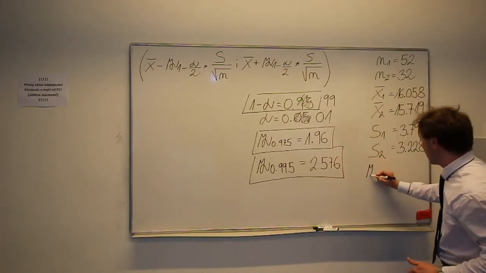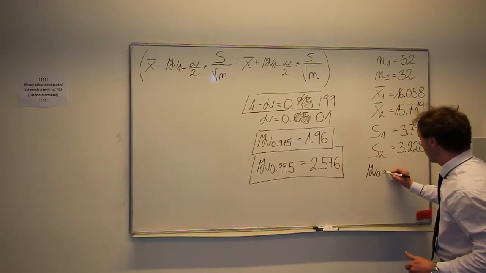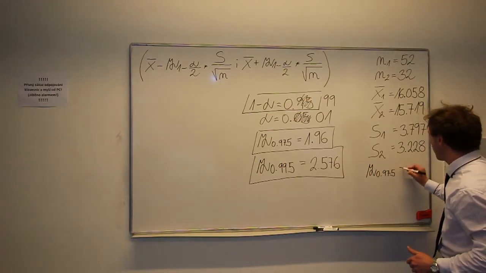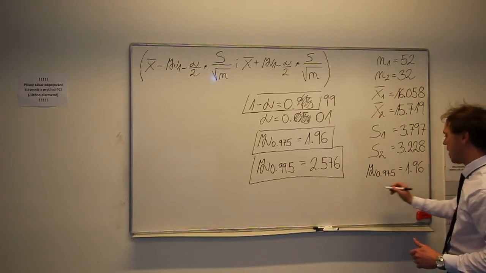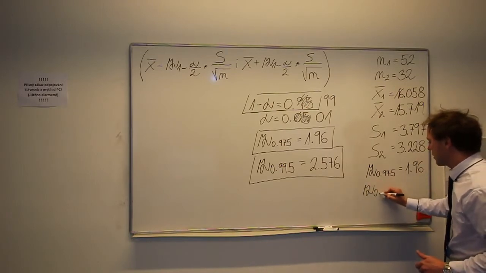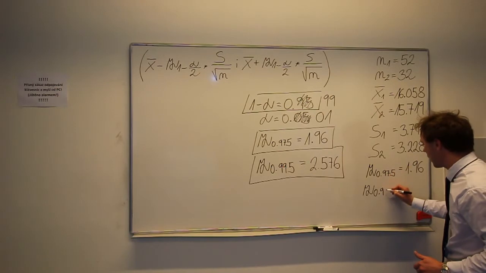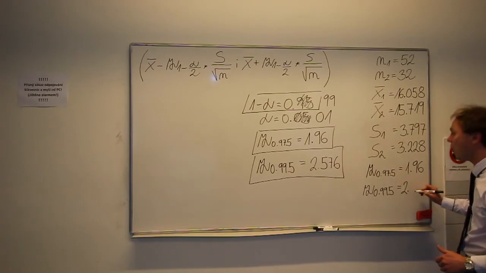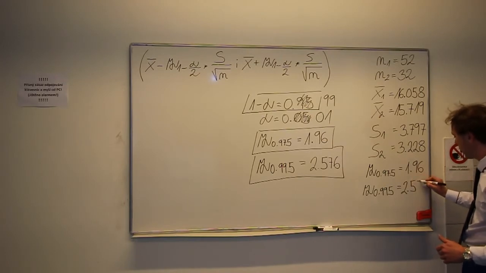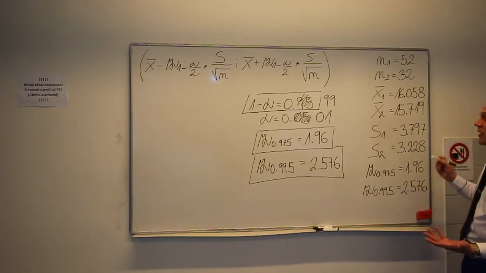So I will write here Z 0.975 equal to 1.96, and Z 0.995 equal to 2.576.